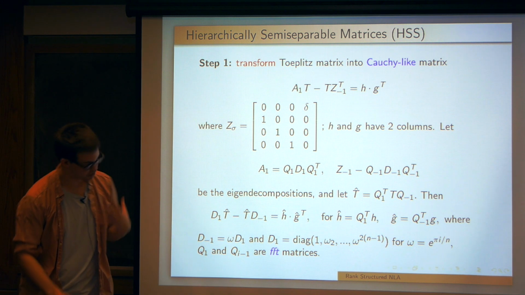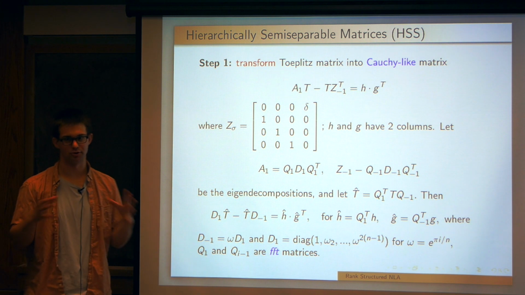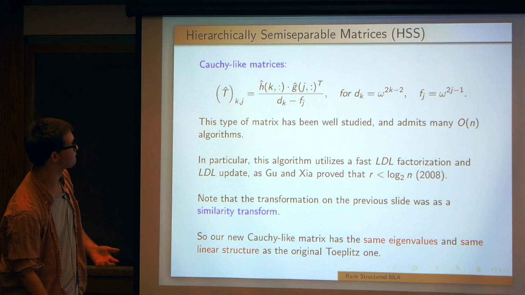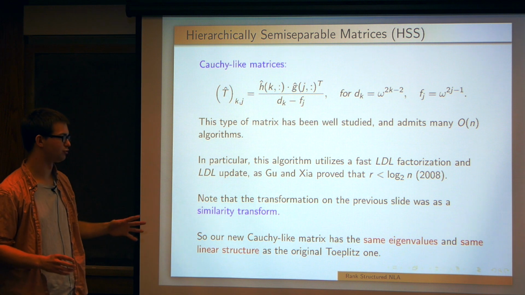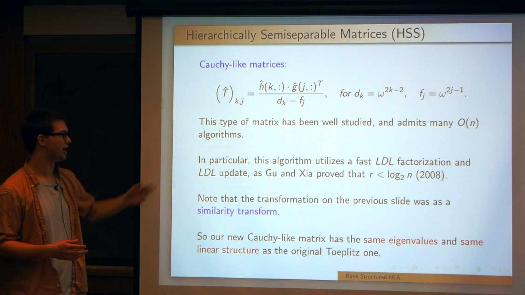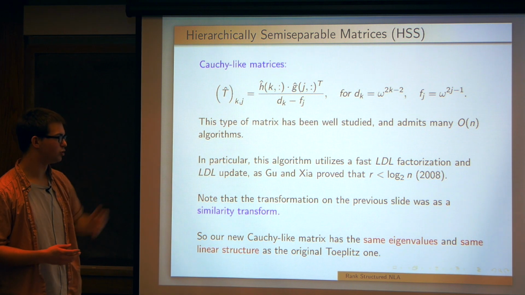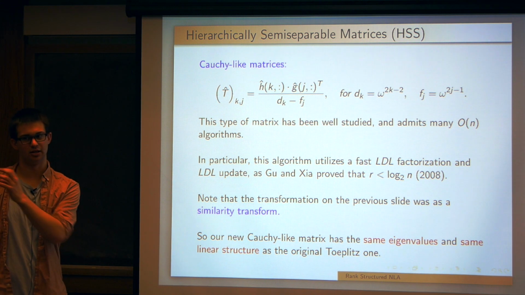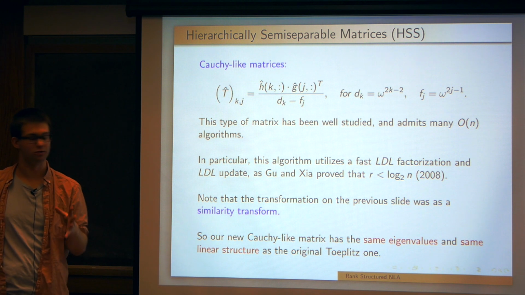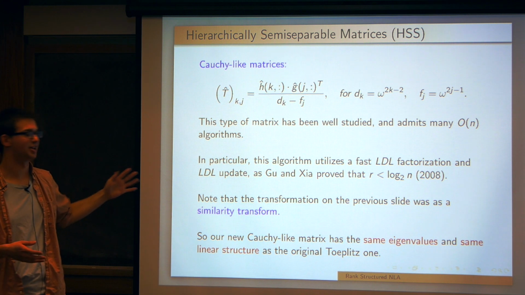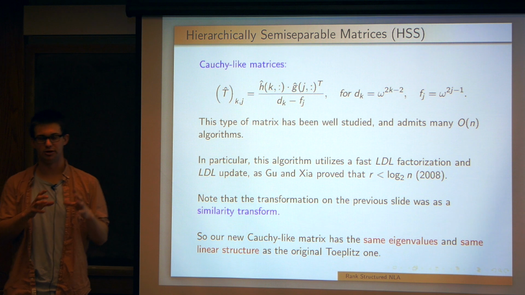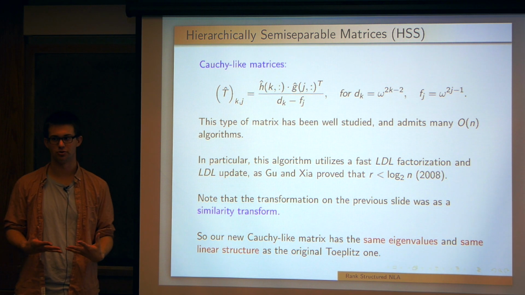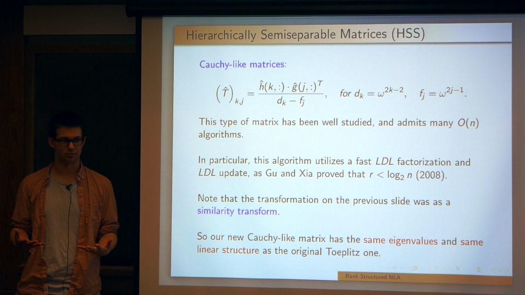And because of the nice nature of FFTs and how they preserve eigenvalues and a lot of structure in the matrix, if we look at a transformed Toeplitz matrix, it is HSS, and Gu and Jia proved specifically that the HSS rank is going to be less than the logarithm of the matrix size, which makes it useful to us. And so we can do lots of fast operations. So nowadays, when you see Toeplitz matrices in applications, people will use HSS solvers on them to get either the eigenvalues or to solve linear systems.